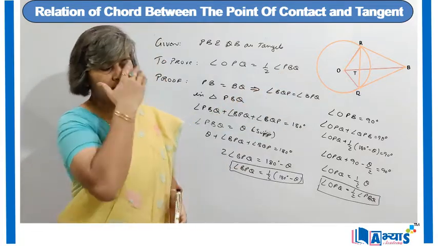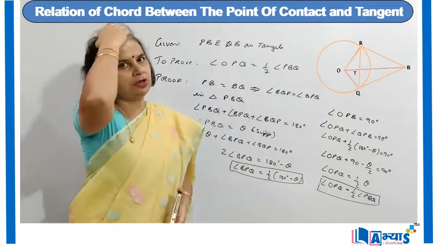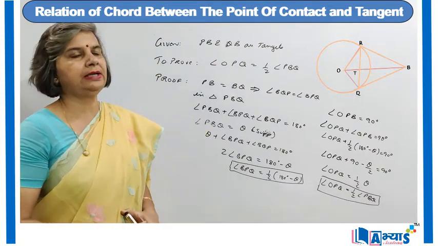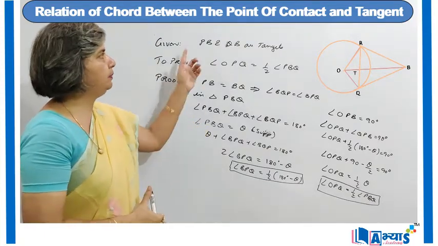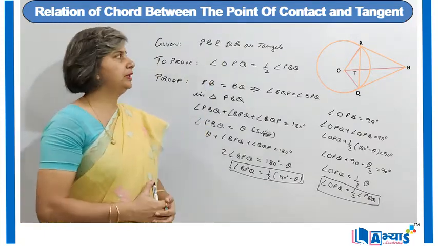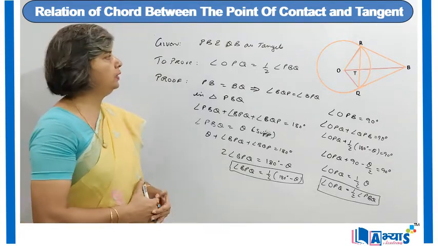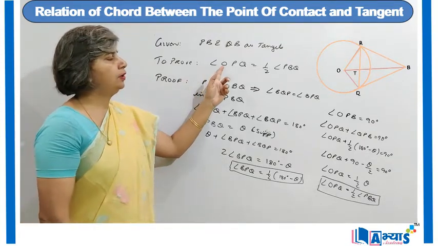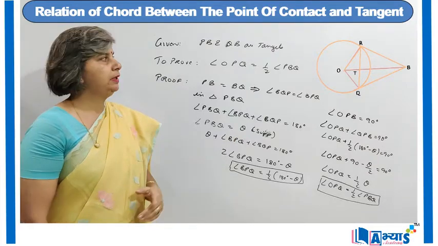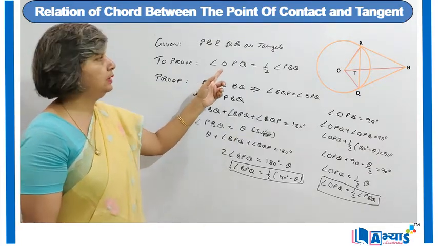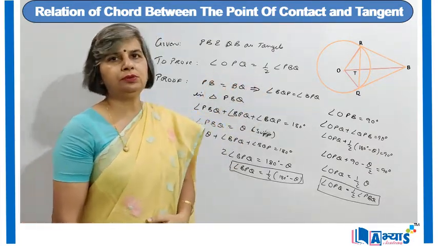So this is how we can show the relation between the chord, between the point of contact and the tangent. That means if PB and QB are the two tangents to the circle with center O, then we were supposed to prove that angle OPQ, that the chord PQ makes with the center, is half the angle between the two tangents.